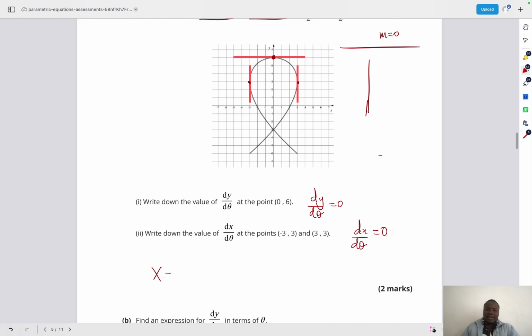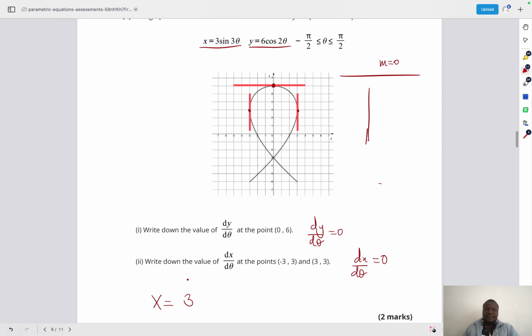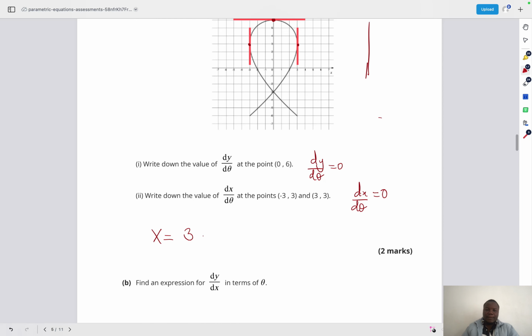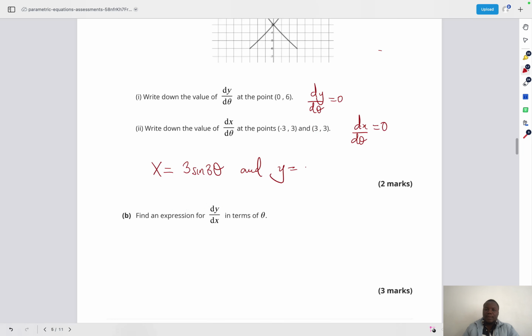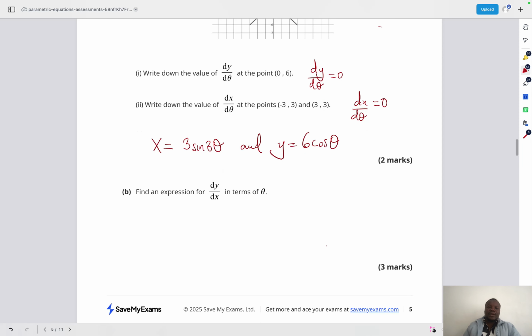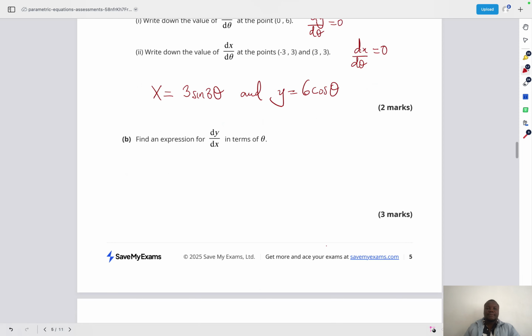We've been given that x is equal to 3 sin 3θ, and y is equal to 6 cos 2θ. Now they are saying we find dy/dx for these equations.